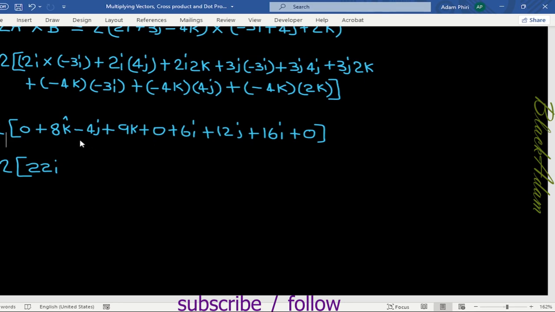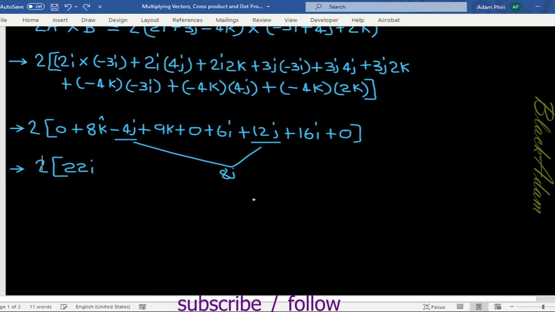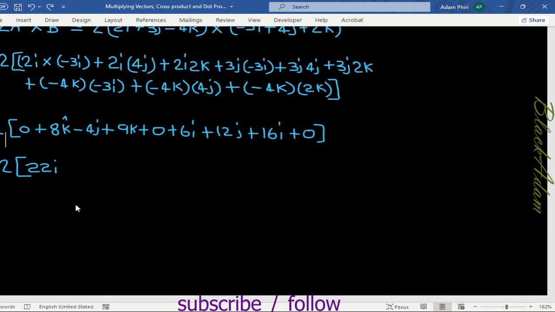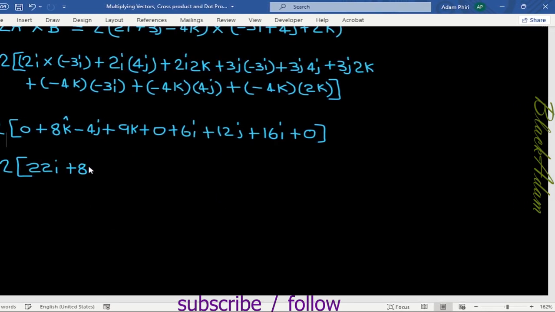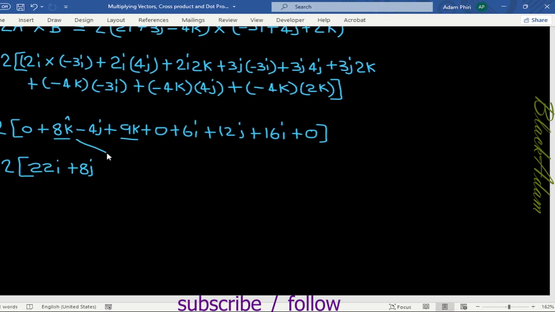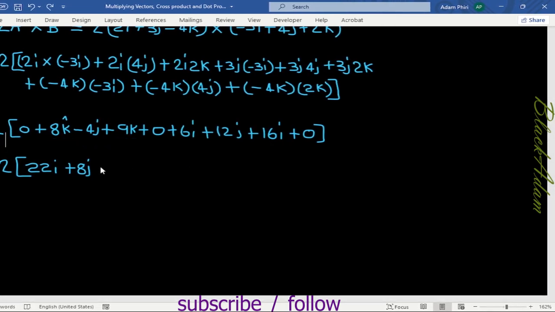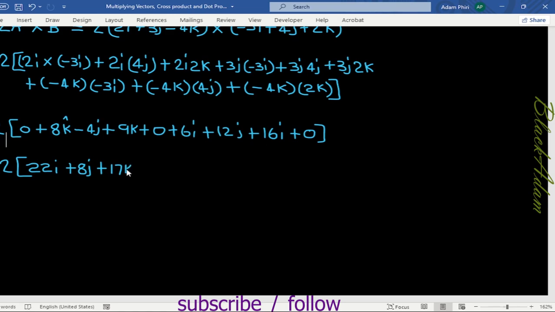And then for j, negative 4 plus 12 gives us a positive 8j. And then for k, 8k plus 9k is 17k, so we have 17k.